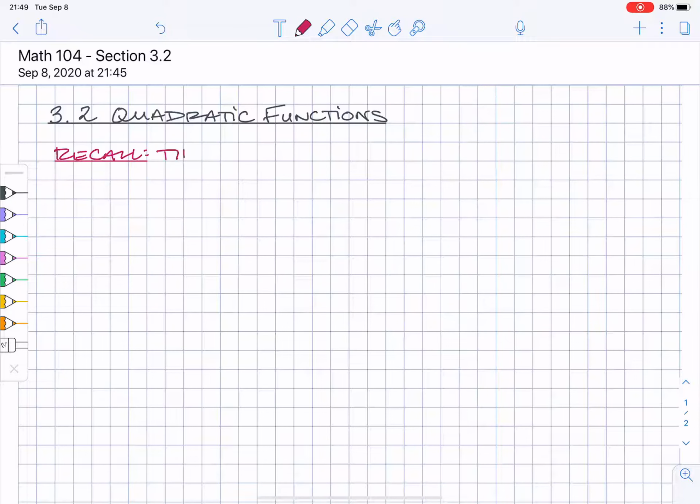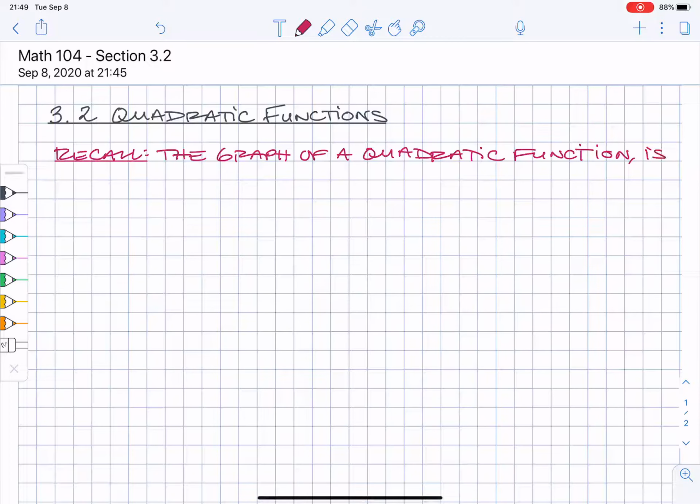So the graph of a quadratic equation or a quadratic function is U-shaped.